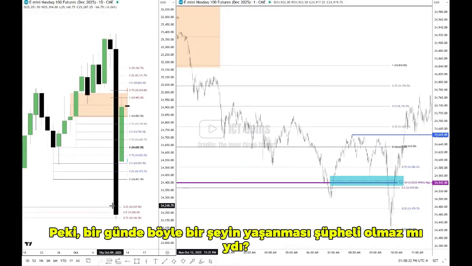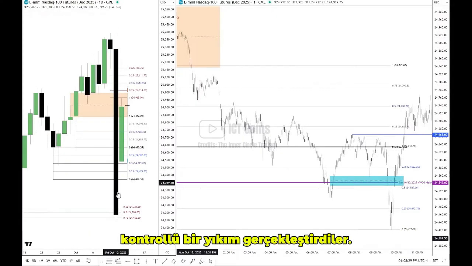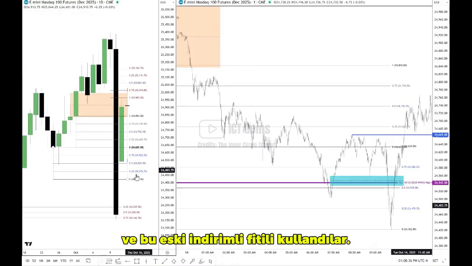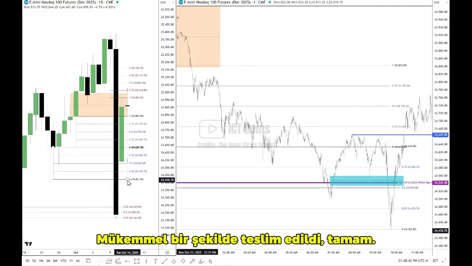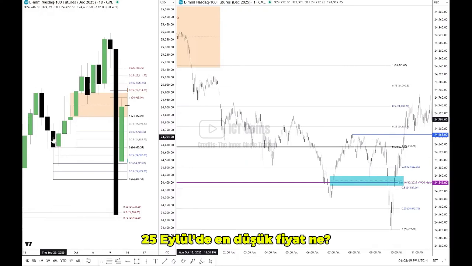So wouldn't it be suspicious to see how on one day they did a controlled demolition, just like 9/11, and then now we went up here yesterday, and now we're right here, and they used this old discount wick low, perfectly delivered there. Okay, and look at this candlestick right here, the September 25th. What's the low?